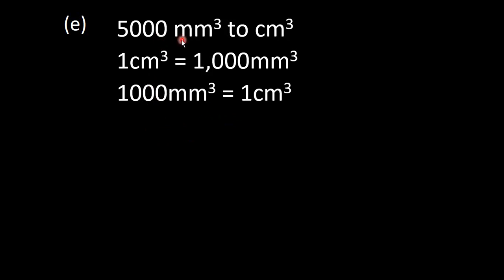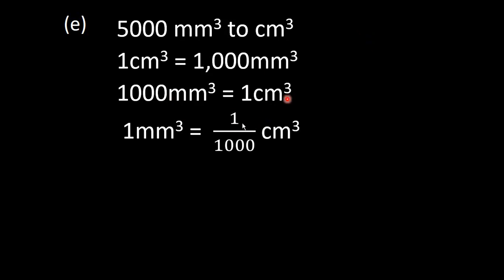If 1,000 millimeters cubed is equal to 1, what about 1? So 1 cubic millimeter is going to be 1 over 1,000 cubic centimeters.